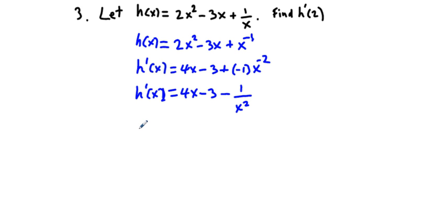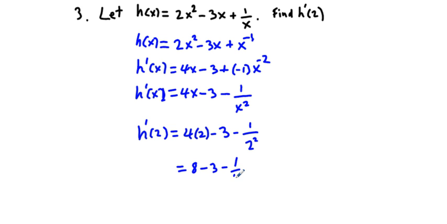And then finally, we plug in 2, since we're trying to find h prime of 2. So h prime of 2 equals 4 times 2 minus 3 minus 1 over 2 squared. That's 8 minus 3 minus 1/4, so 5 minus 1/4.